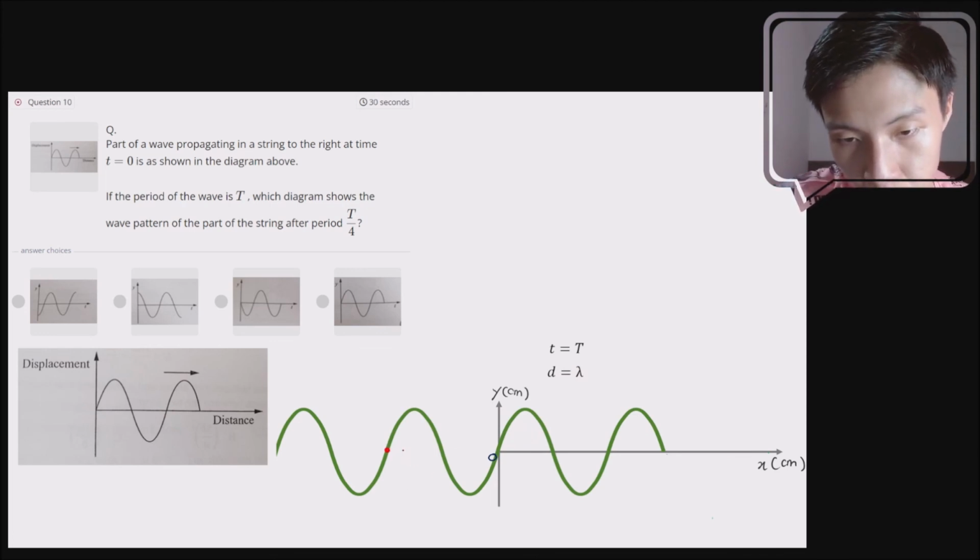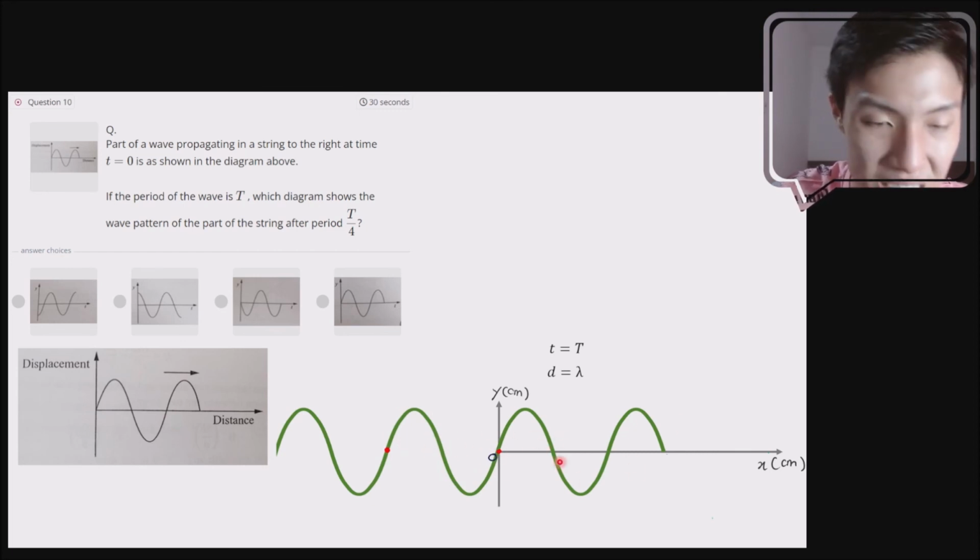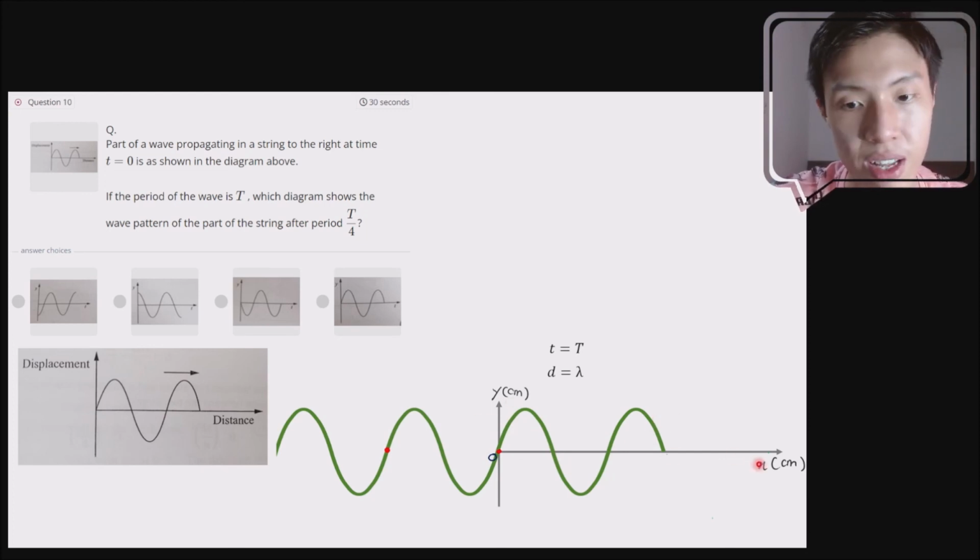This point here will go towards this point. So you can think that this whole wave cycle will move into the y-axis graph. This whole one complete wave cycle will move into the y-axis graph.